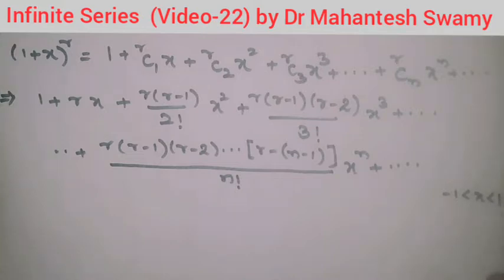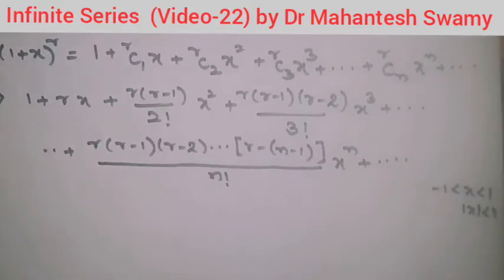By making use of the ratio test, that is D'Alembert's ratio test, we can observe that this infinite series will be convergent for all the values of x lying between minus 1 and 1, or it can also be written as mod of x less than 1. So for this particular range of values of x, the given infinite series is convergent, and this infinite series will be taken as the binomial series.